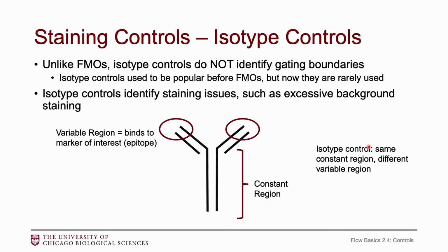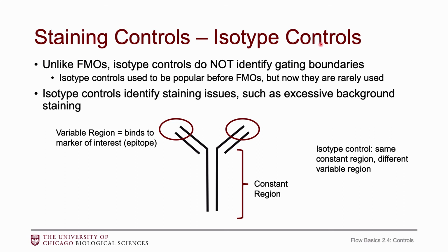There are two controls that will help you figure out background staining issues. The first one is an isotype control. Now, I do want to point out that in the past, isotype controls were used to gate samples.